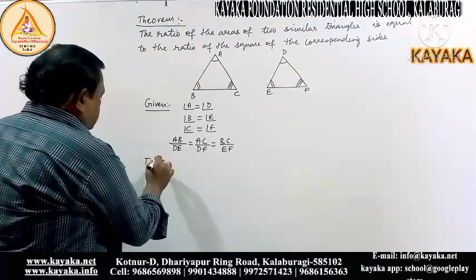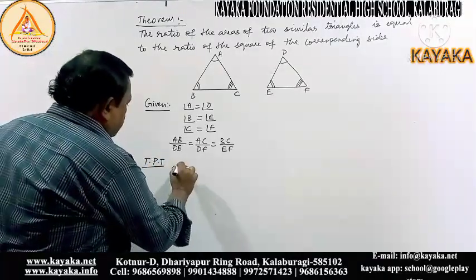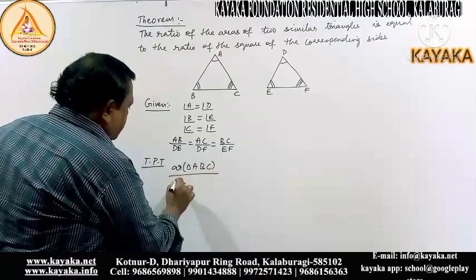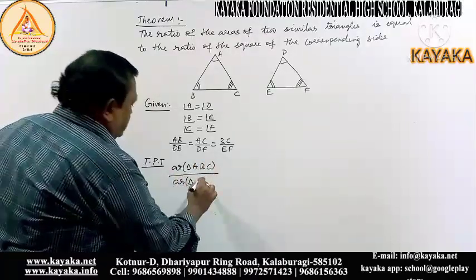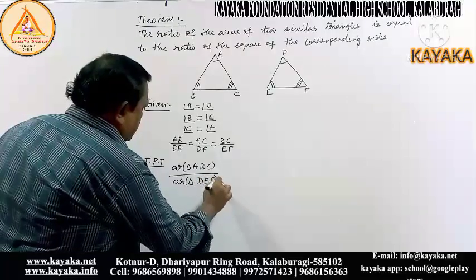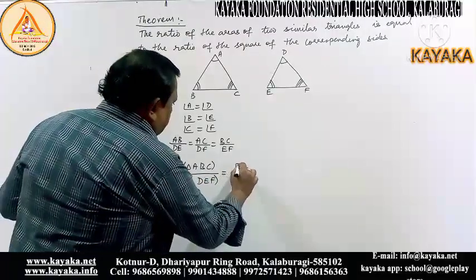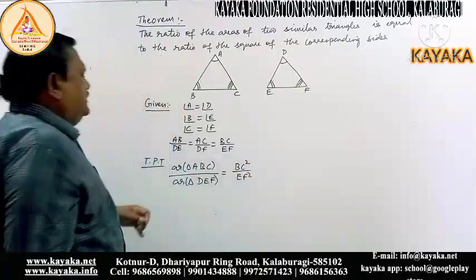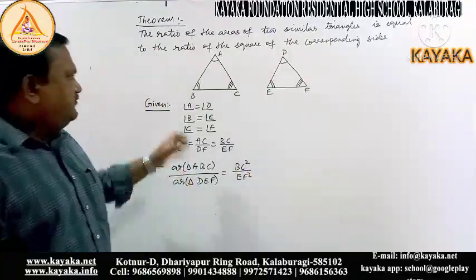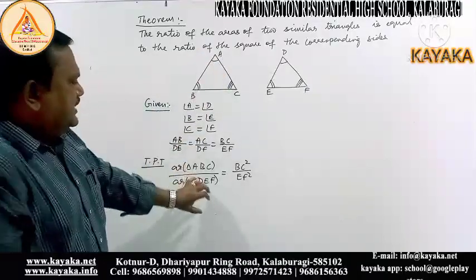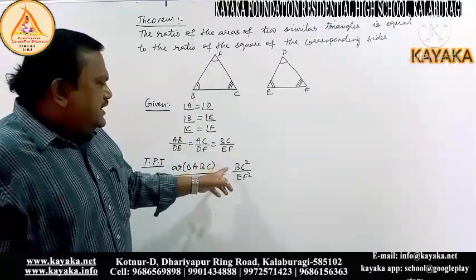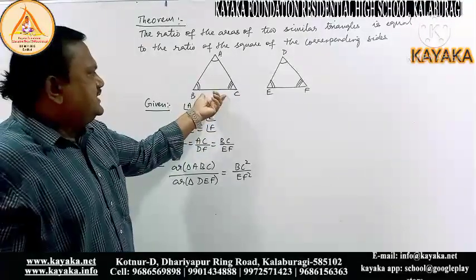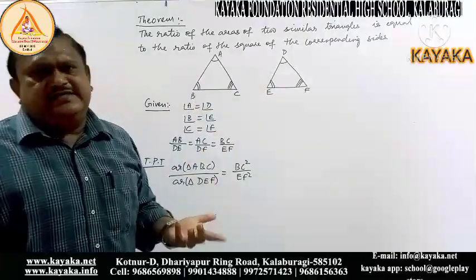To prove: area of triangle ABC divided by area of triangle DEF equals BC square divided by EF square. Area of this triangle divided by area of this triangle equals the square of the corresponding sides. Any one you can take. I am taking BC here, therefore EF will be the corresponding side.